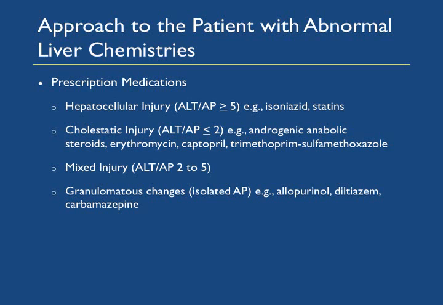A mixed injury covers most other drugs with an ALT to alkaline phosphatase ratio between 2 and 5. Granulomatous changes as a result of drug use have been described and are defined by just an isolated alkaline phosphatase elevation, and examples include allopurinol, diltiazem, and carbamazepine.